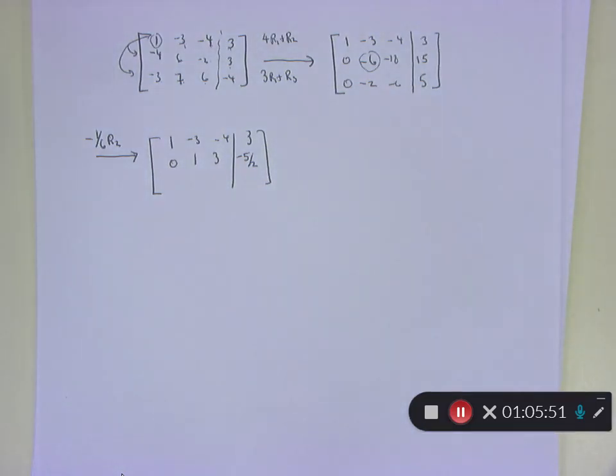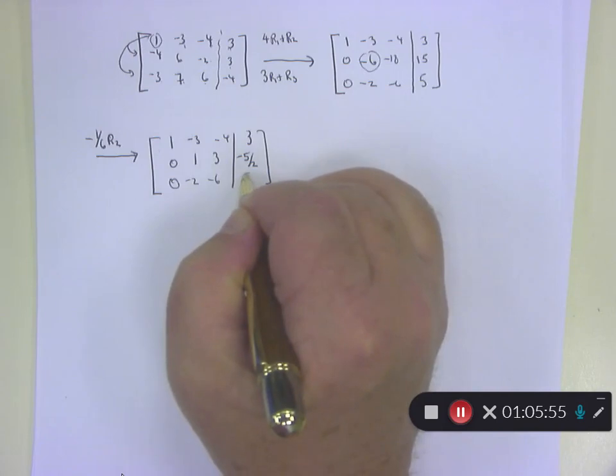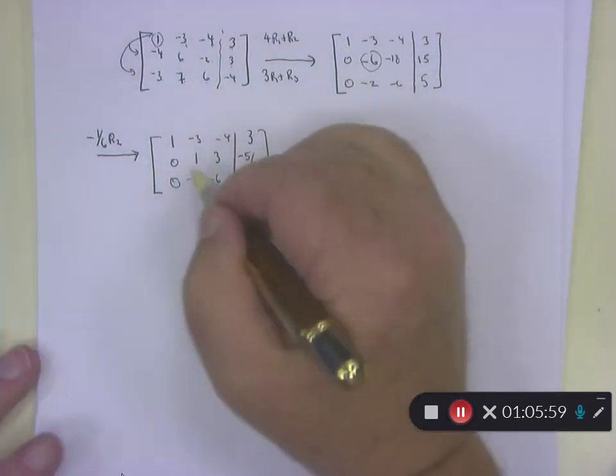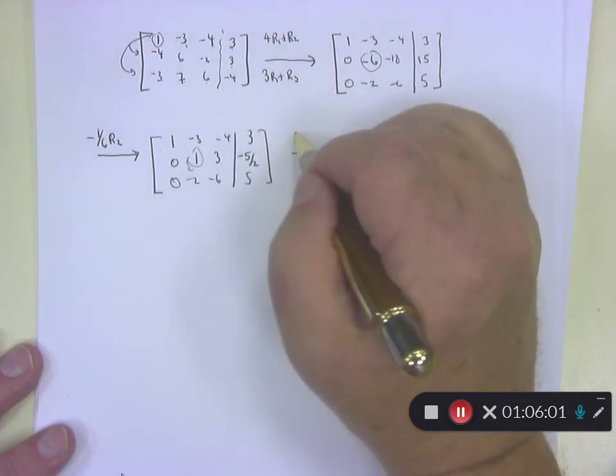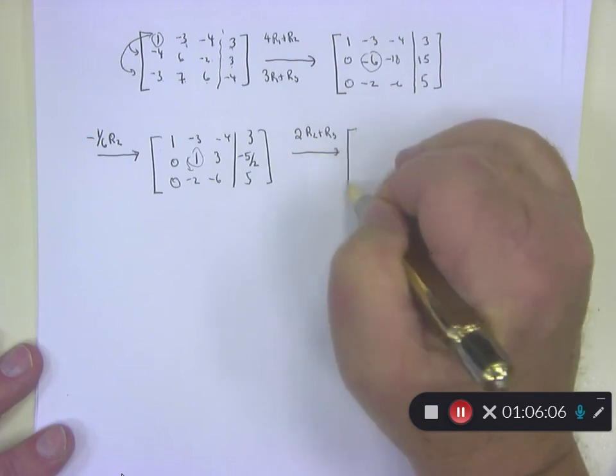Okay, and then we got this 0, -2, -6, 5. What's your next move? Sweep down. 2 times row 2, add it to row 3, replace row 3.